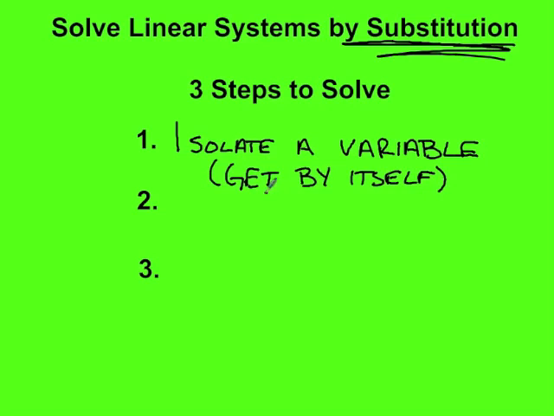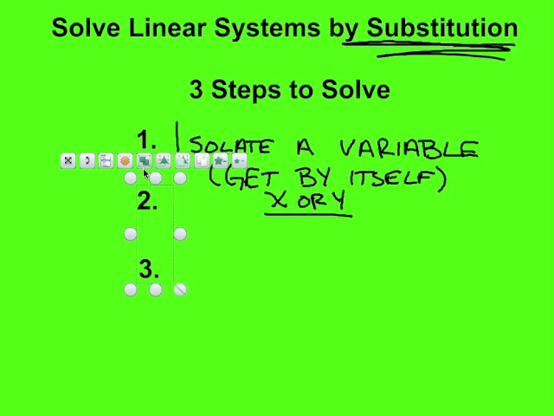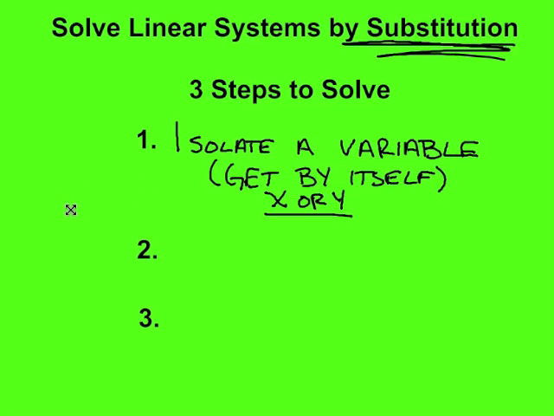And it can be x or y. You can get the x by itself, or you can get the y by itself. It doesn't matter which one you want to solve for. So the next step after that is we're then going to start substituting.